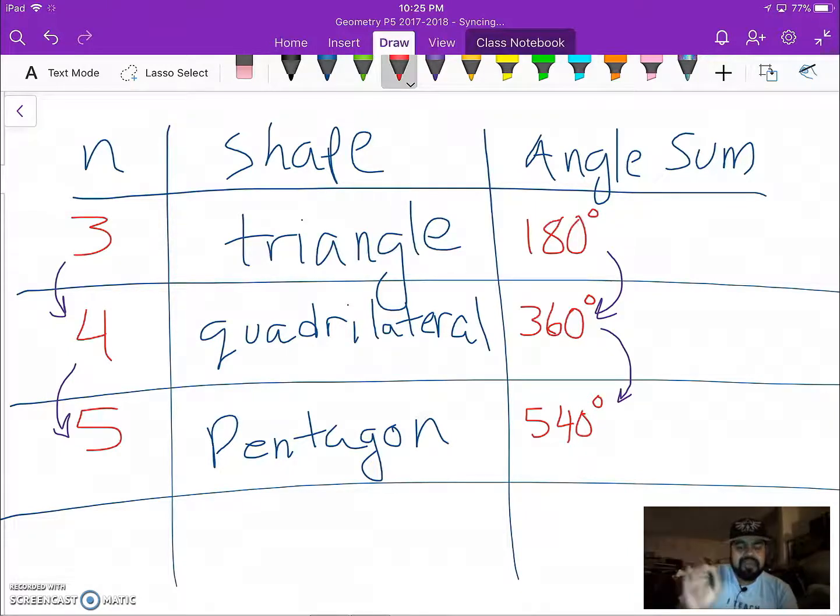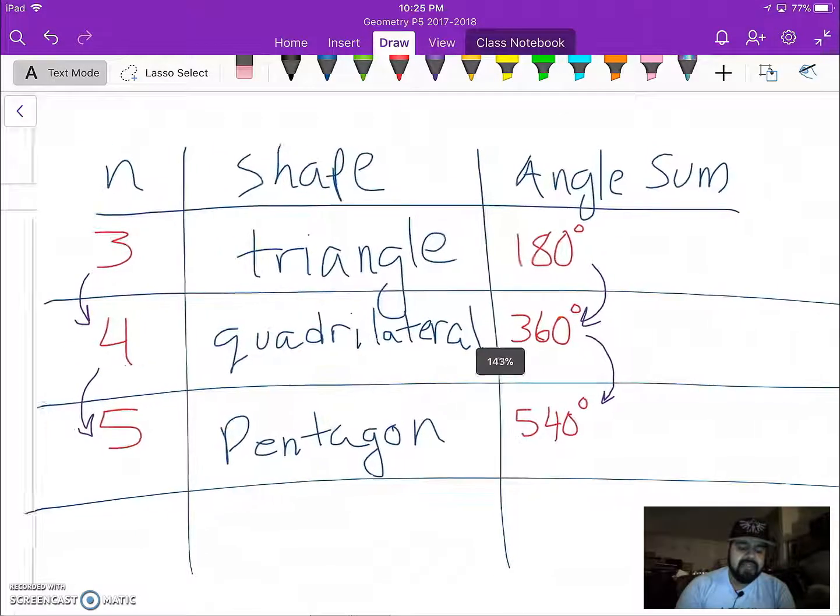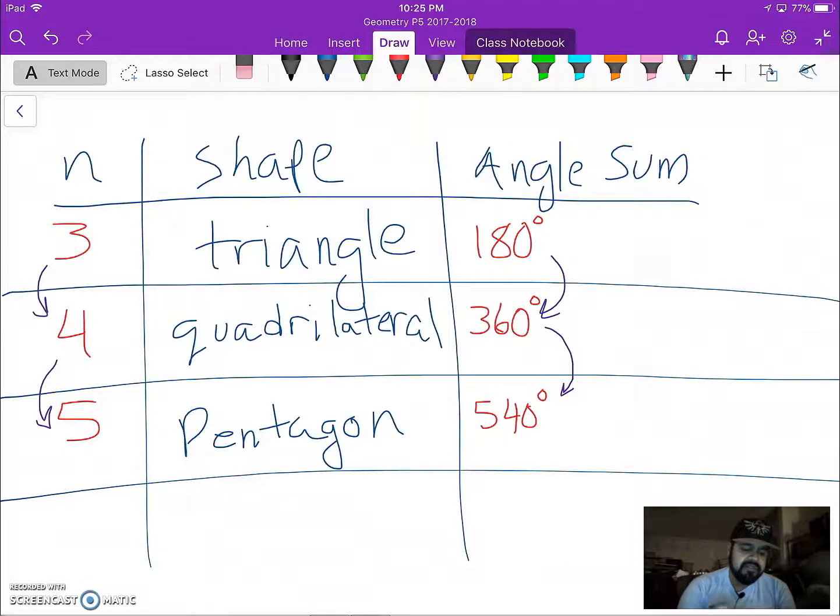But how can we make this work for any number of sides for a polygon? Well, here's what we do. We try to find a pattern like math magicians. So with the number of sides, I notice that if I take away 2 from the number of sides, that 180 is equal to 180 times 1.